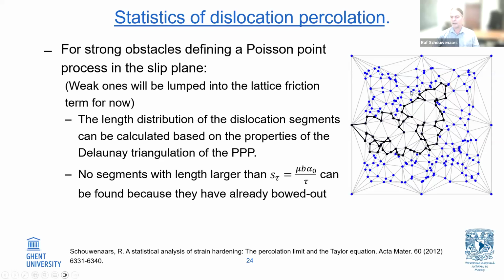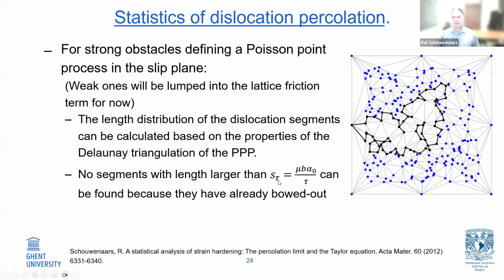And there is a formula to calculate the circumradius of all these triangles. And from that formula, you can do the statistics of this geometry, which is something I did in 2012. Well, I finished in 2012. I started earlier. An important point to see is that there can be no dislocations with a length longer than this S tau, which is the critical bow out length.